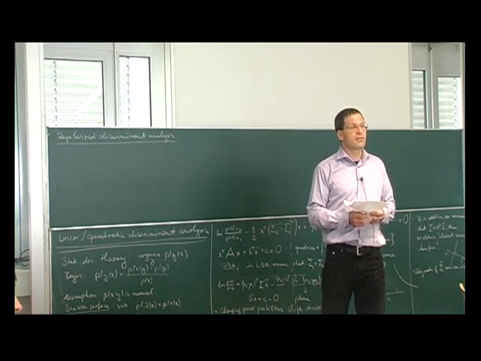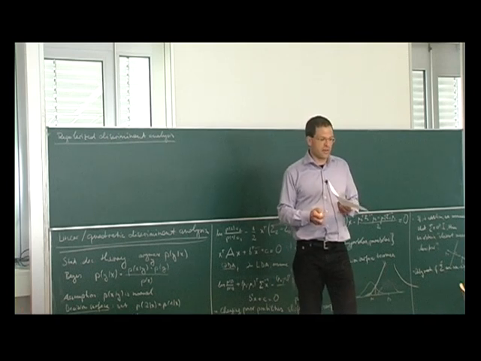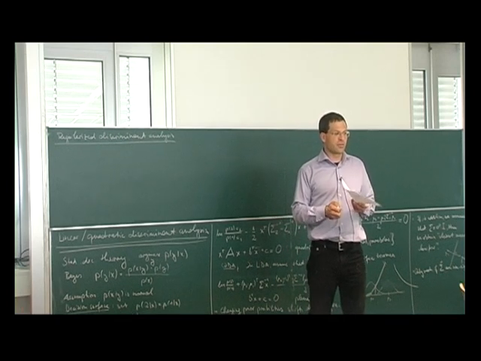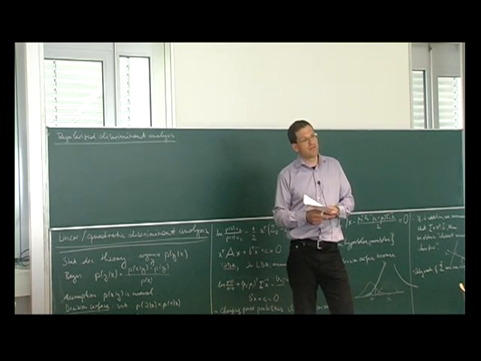So one argument is it's faster. You also said that there are data sets where it might work better, but LDA is a special case of QDA. Yeah, I mean better than in the example shown there.